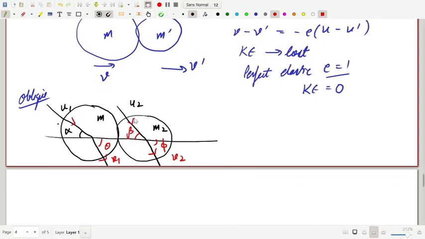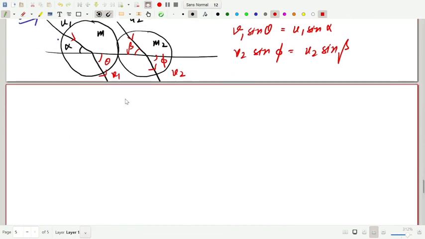Then first let's notice that in the direction perpendicular to the line of impact there is no change, so v1 sin theta will remain equal to u1 sin alpha and v2 sin phi will remain u2 sin beta.